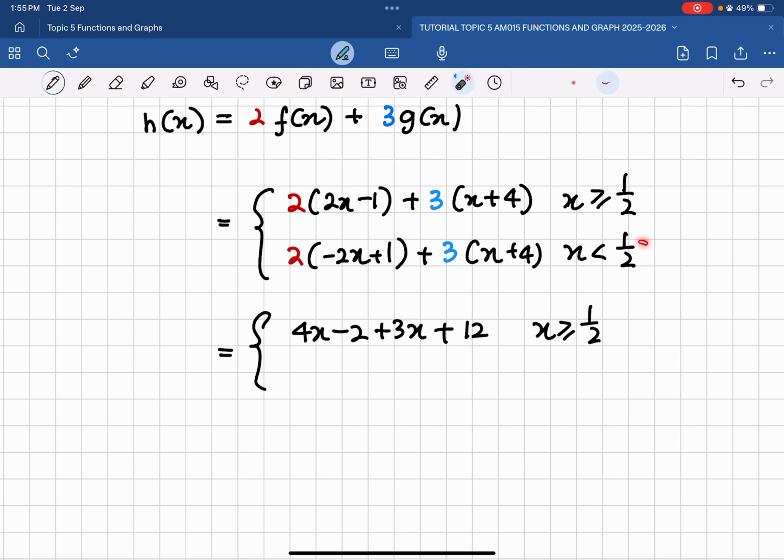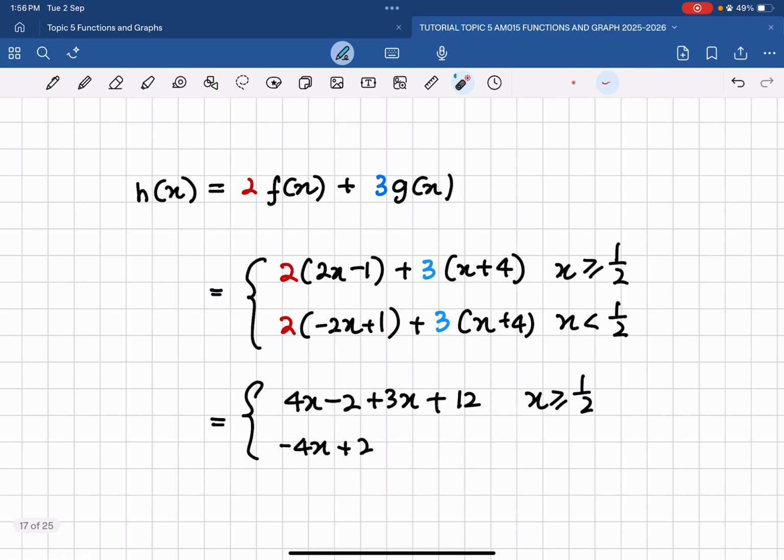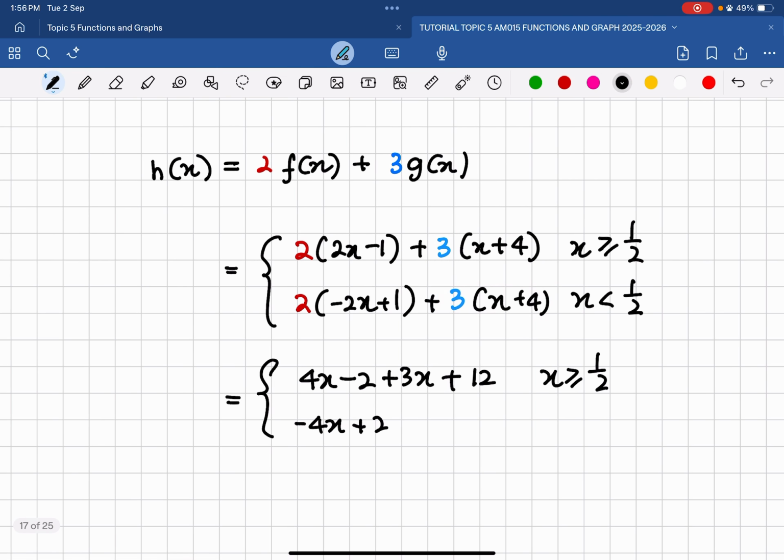And let us expand the second line. 2 times negative 2x is negative 4x. 2 times 1 is 2. And the same goes for this one, it becomes 3x plus 12, for x less than 1 over 2.